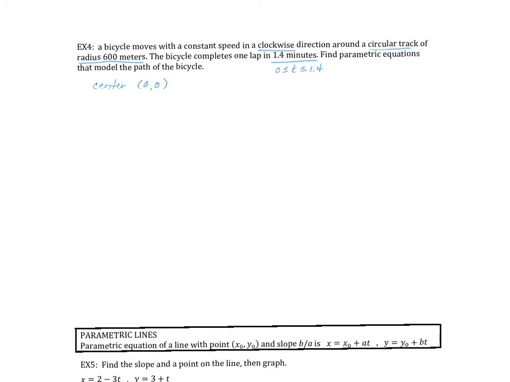Again, we're choosing where we're going to graph this track in our coordinate system. It's up to us. So if I choose a center of 0, 0, and I have my t values, I also have that the radius is 600, so the absolute value of a is equal to 600.